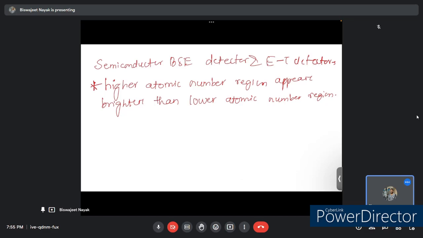So while imaging the topographic features of a specimen, topographic contrast has several components that are coming from both backscattered electrons and secondary electrons.